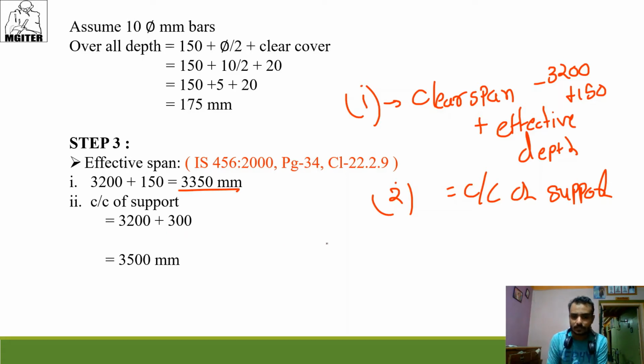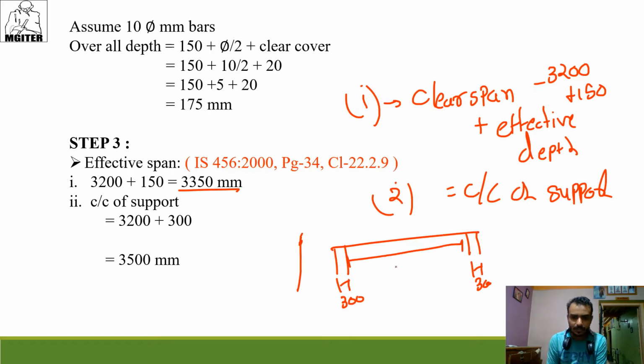The second one is center to center of support. Here is your slab and here is your wall, which is 300 mm, and the middle one is 3200 mm. What is center to center? Center to center support means the length between the centers of the supports.